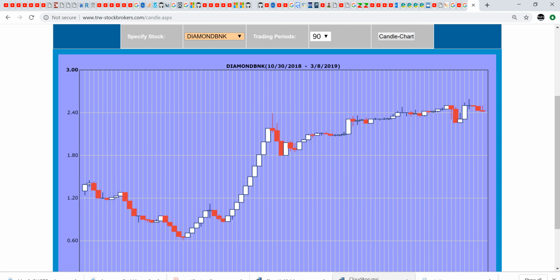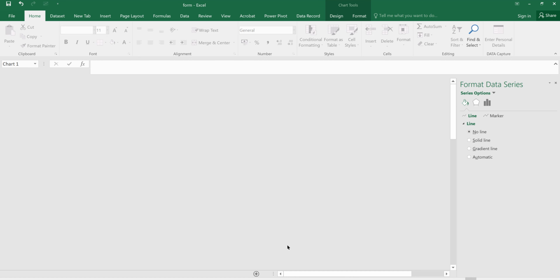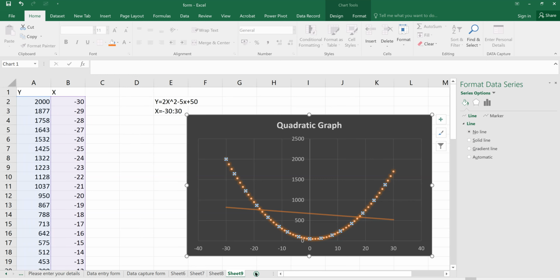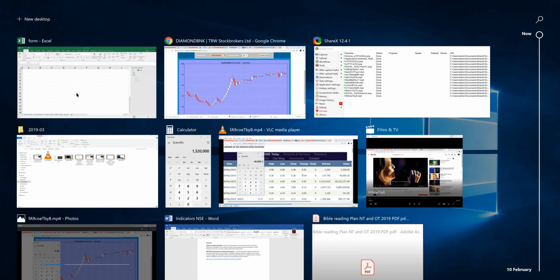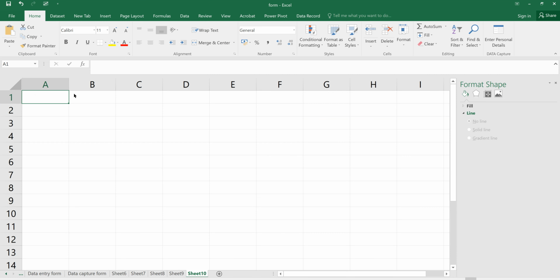It gives us more options. So basically, let me just use a spreadsheet here.